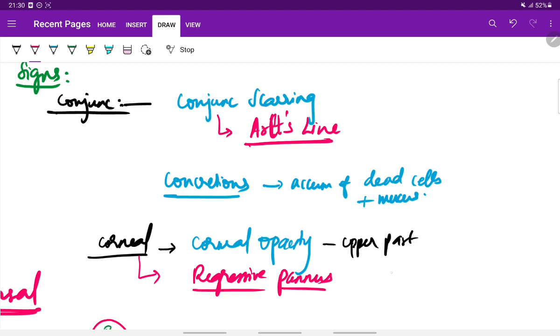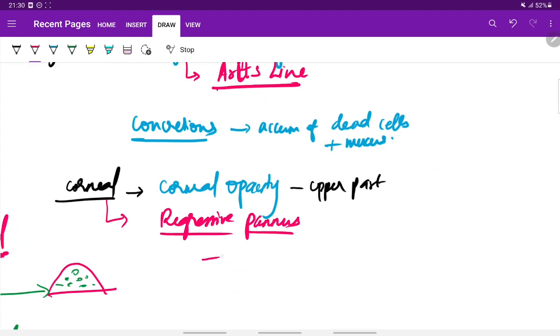In the phase of active trachoma, we have seen the presence of progressive pannus. In the cicatricial trachoma, there is regressive pannus. Next, there are Herbert's pits. In the phase of active trachoma, we have seen Herbert's follicles. So here, after the healing of the follicles, they form Herbert's pits.